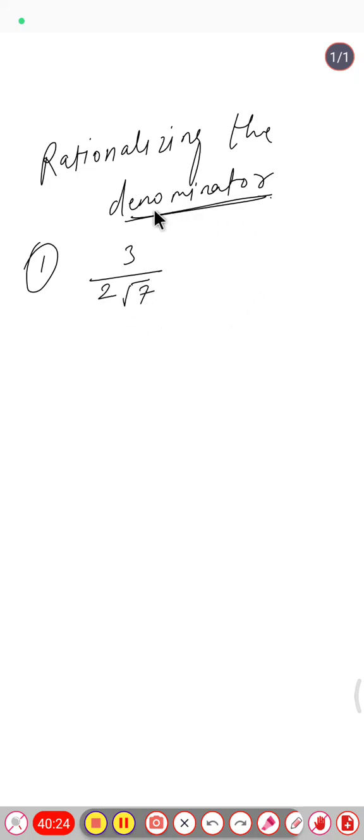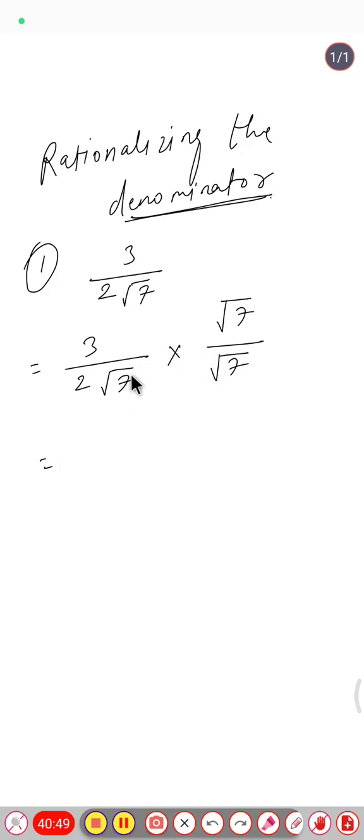Now what is our topic? It's rationalizing the denominator. In the denominator you can see there is a root 7. So how can we remove this root 7? We have to multiply by root 7 on the numerator as well as on the denominator.